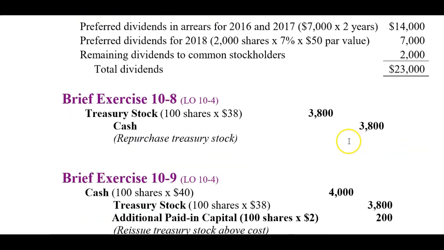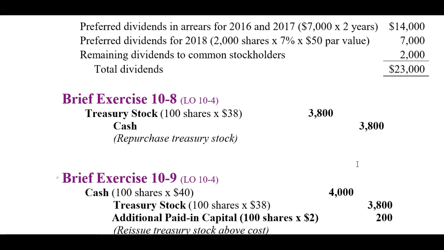The next one is number 8. In this one, the corporation sells some $1 par value common stock at $35 per share. Later in the year, the company buys back, repurchases, 100 of those shares, and has to pay $38 per share. For the entry, for treasury stock entries, the first thing to remember is ignore par value.